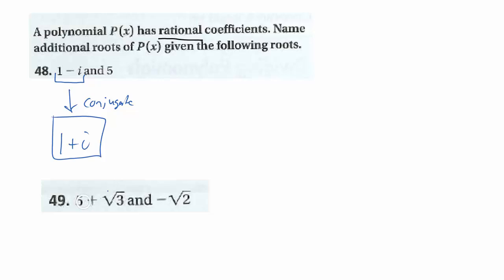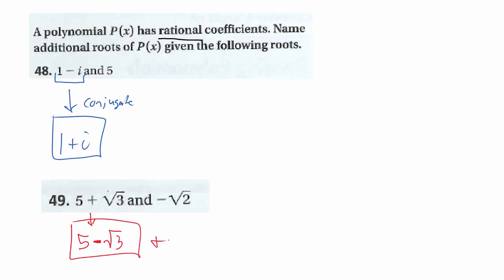Okay, similarly, if you look at 49, we know that if a polynomial has rational coefficients, anytime there's complex, which is like what we had in 48, or here irrational roots, we know they have to occur in pairs. So we need to include the conjugate of this irrational root, which would be 5 minus square root of 3.